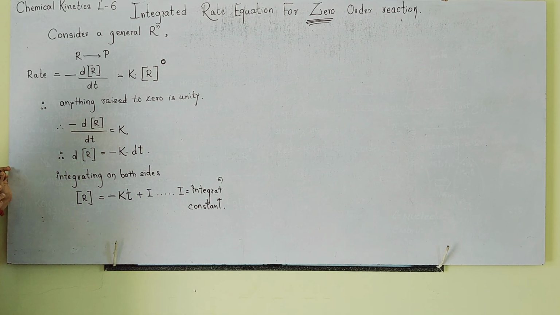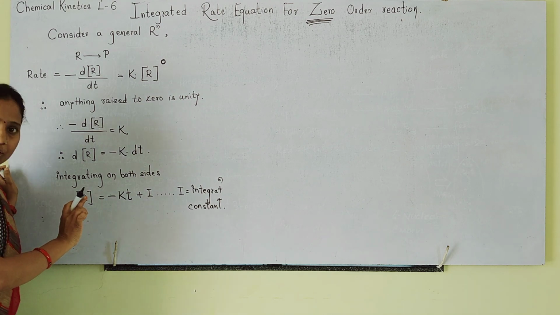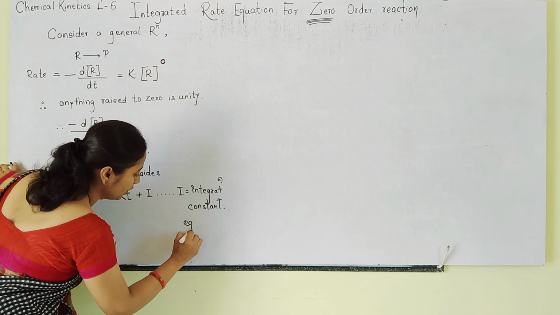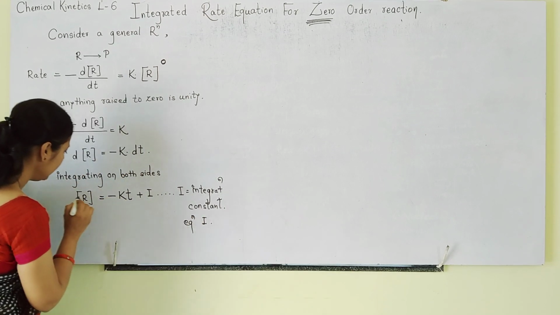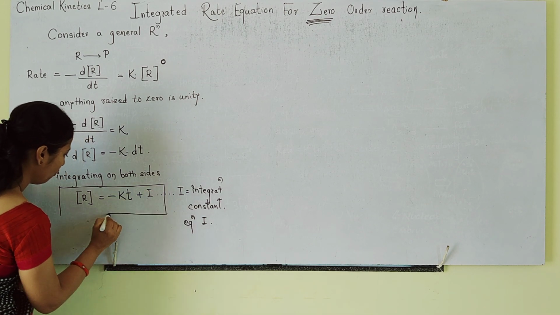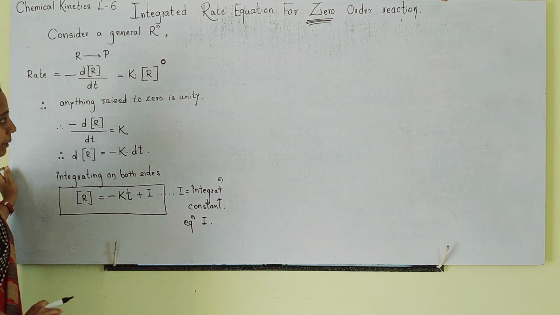And wherever you are adding I, that becomes your equation 1. So students, I am putting a box. This is your equation 1.